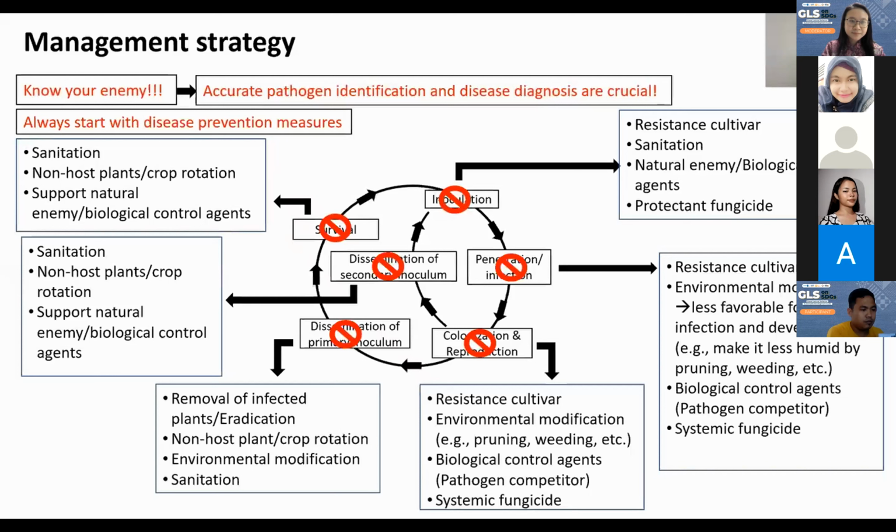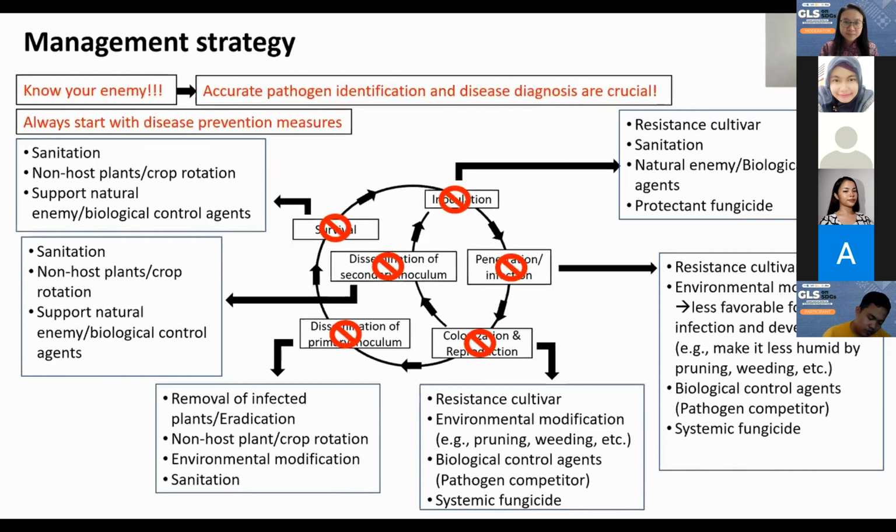Well, then we can probably do some eradication, removing infected parts of the plant, right? Or planting a non-host crop, again crop rotation, before we can plant the same crops in the same field.